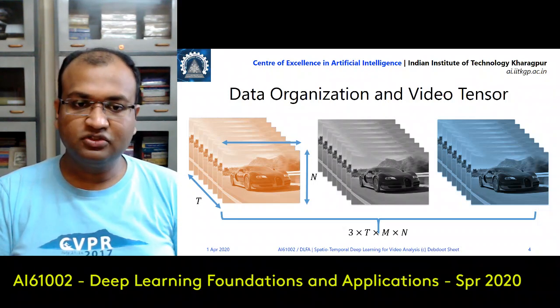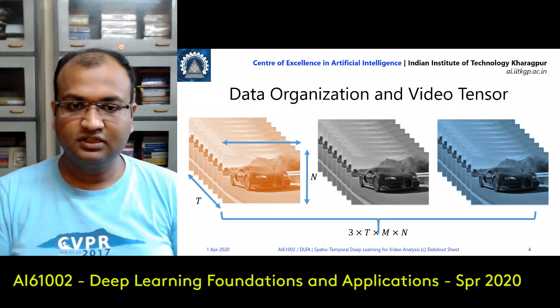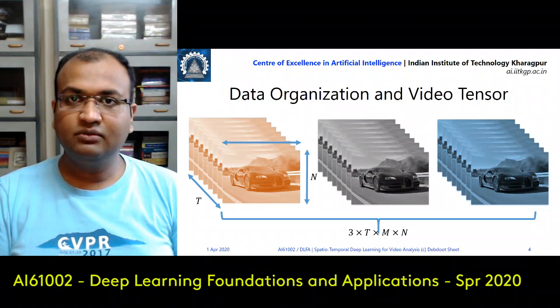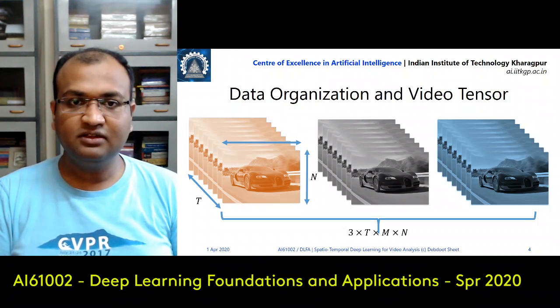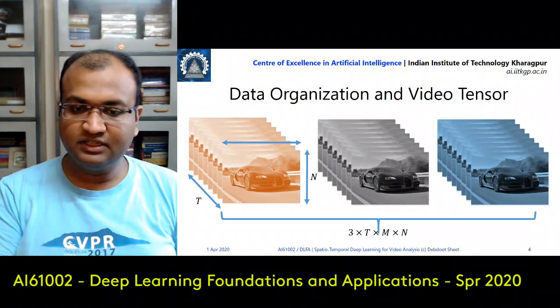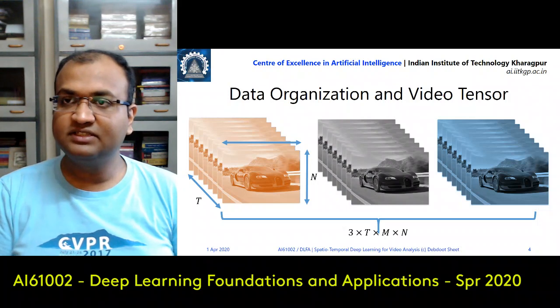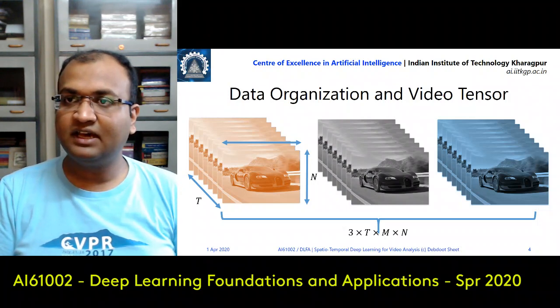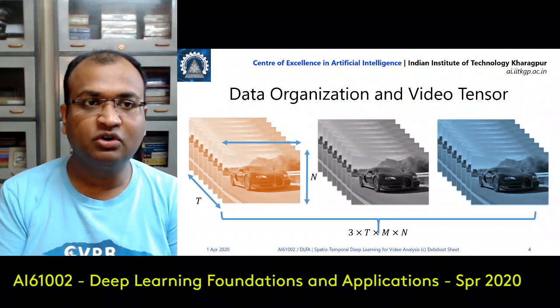Now here also, that is the basic concept which we are going to make use of. When I want to organize my data, if I organize it specifically using these concepts, then that is going to be of use. In the previous case, where the first dimension is time and then I had 3 cross m cross n, it's basically time stacking over all images.